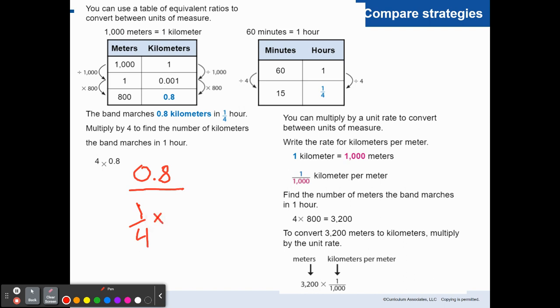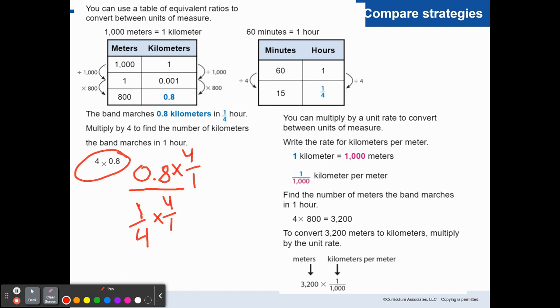You can multiply by the reciprocal on the bottom. Whatever you do to the bottom of a fraction, you have to do to the top. 4/1. So you could look at it that way as well. Different ways to look at it, but that's how they get this. So yes, you can multiply 4 times that, which will give you what you need to know, right?